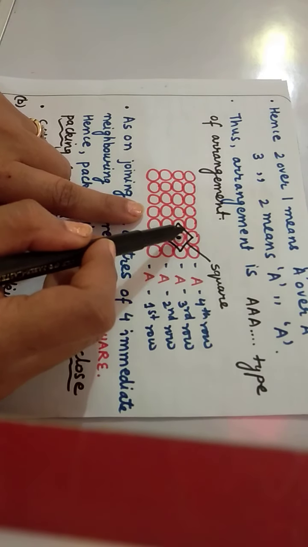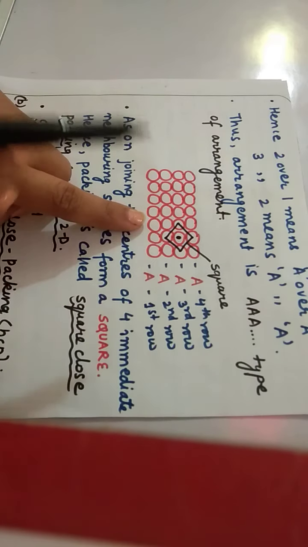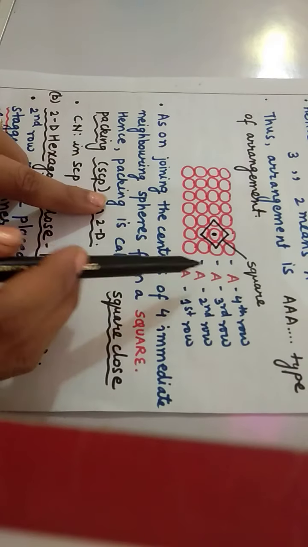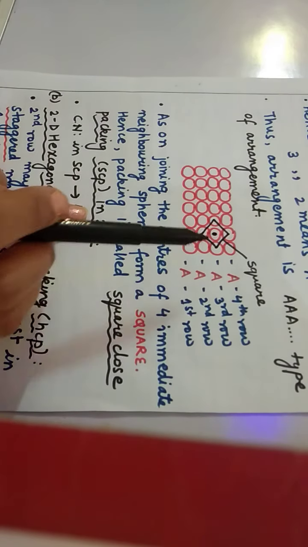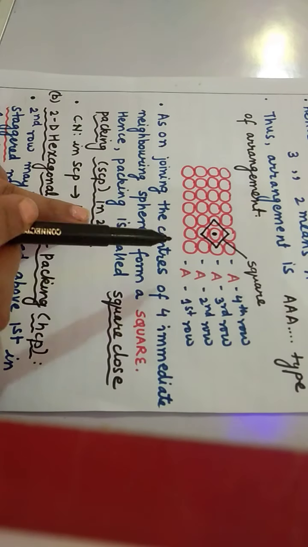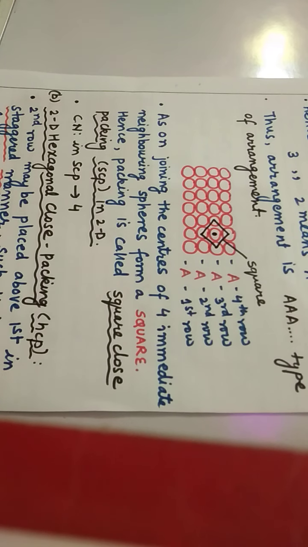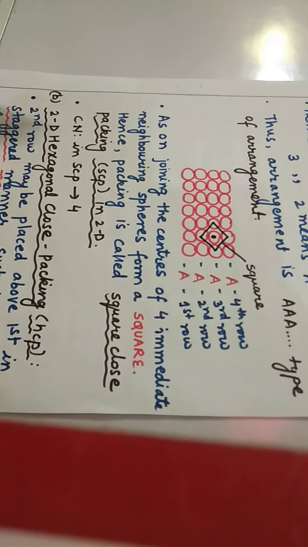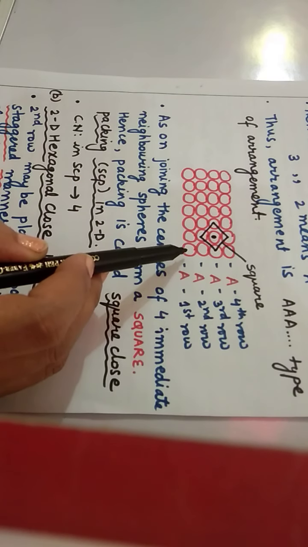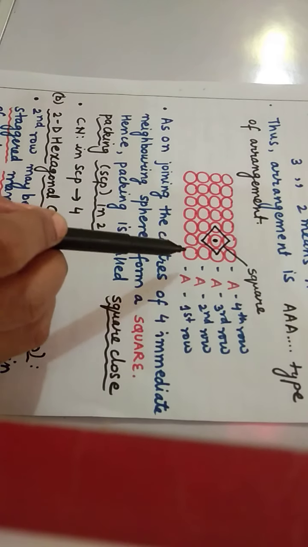On joining the centers of these spheres, what you get is a square. Therefore it is known as square close packing in 2 dimensions. So the coordination number here is 4. Here one row is arranged just above the other layer. Therefore, the arrangement is A type of arrangement.